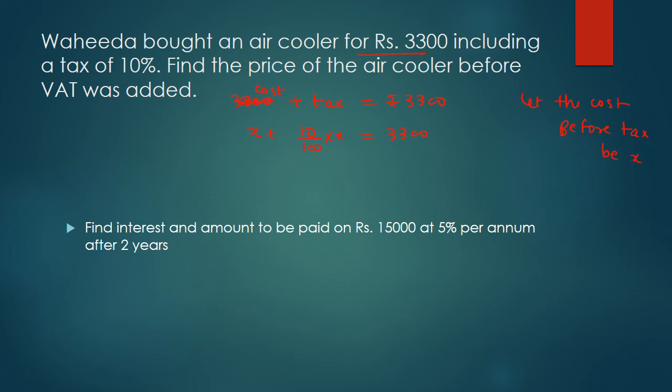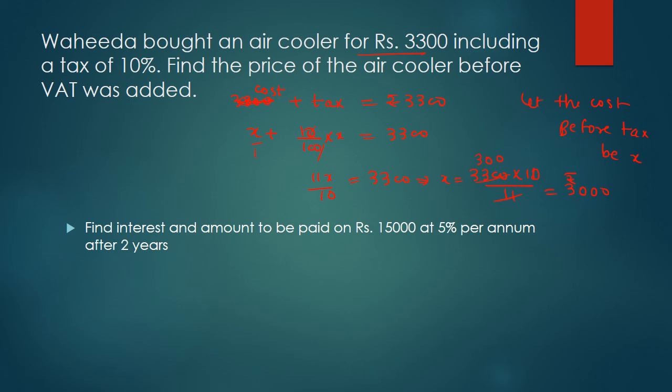Tax is on cost, so 0 gets cancelled with 0. LCM 10, 10 plus 1, 11x by 10 is 3300. So x becomes, cross multiply, 3300 into 10 by 11. 11 3s are 33. So 3000 rupees was the initial cost before tax was added.